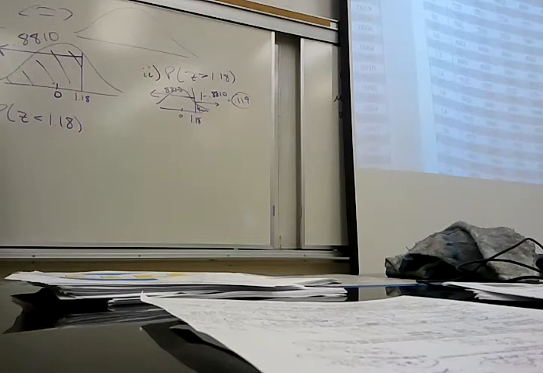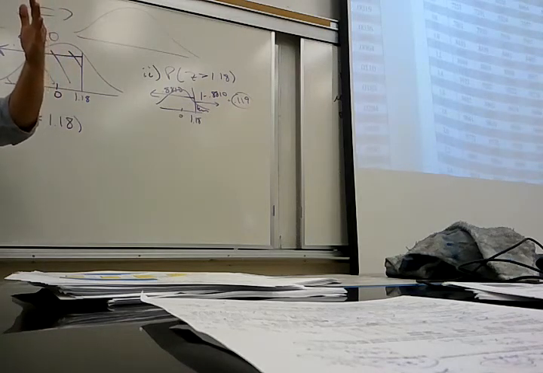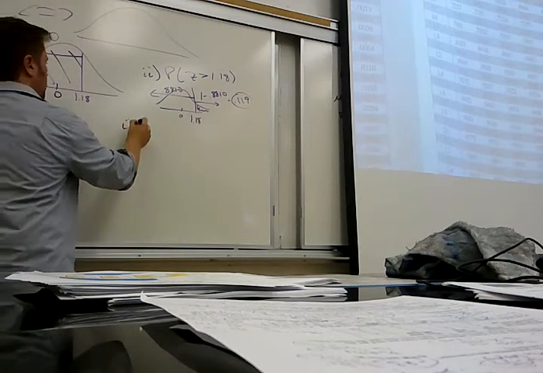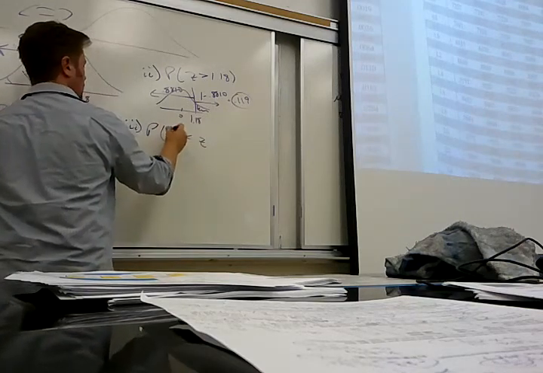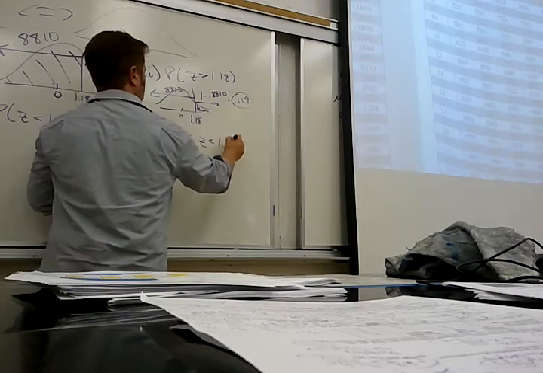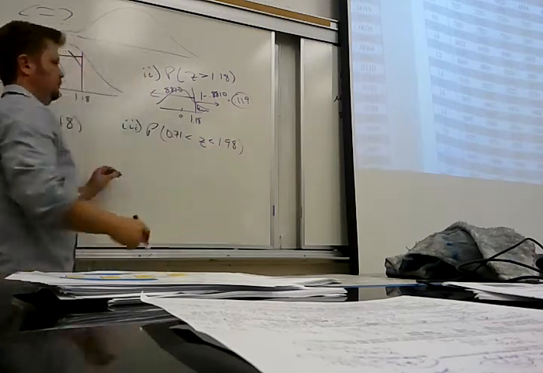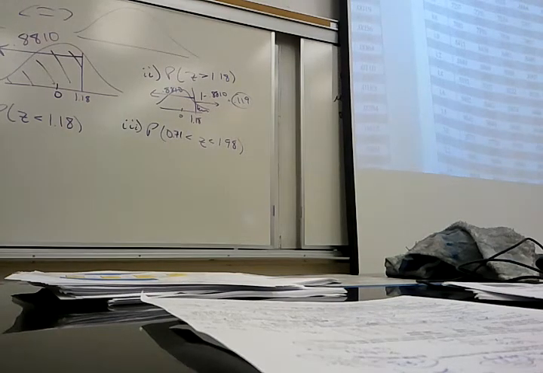And the only other general situation that could happen with this kind of problem is the probability between two things. So if I want the probability that Z is between 0.71 and 1.98, if you draw the picture, it tells you exactly what to do.